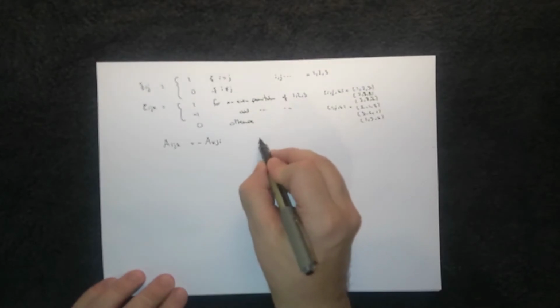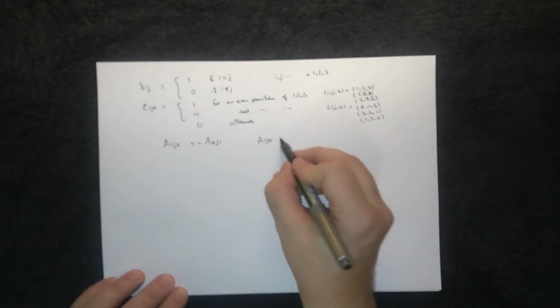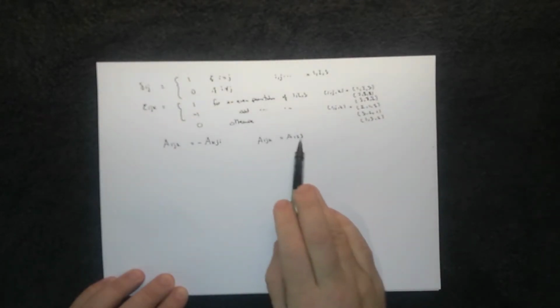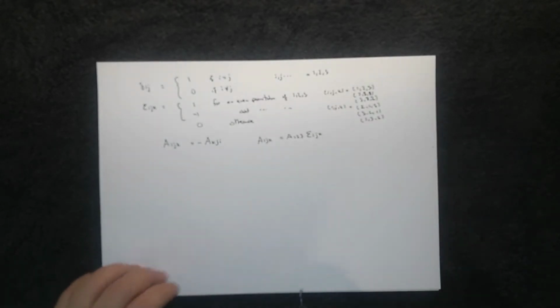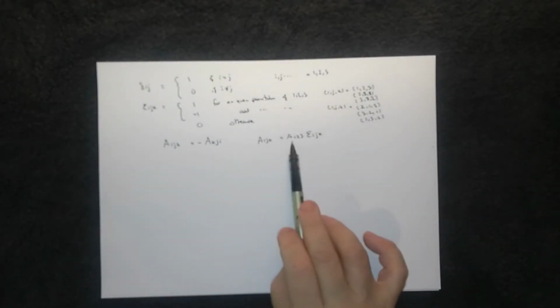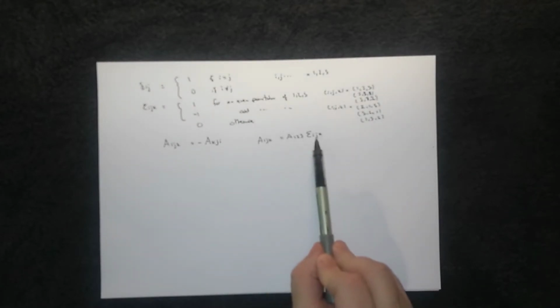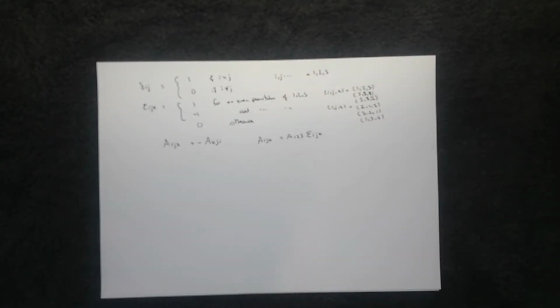Then a_ijk depends only on one value, a_123 times epsilon ijk. So for instance, if i, j and k are 1, 2 and 3, I get what I want. If I swap any pair of indices, I end up with a minus sign from here times this original value.